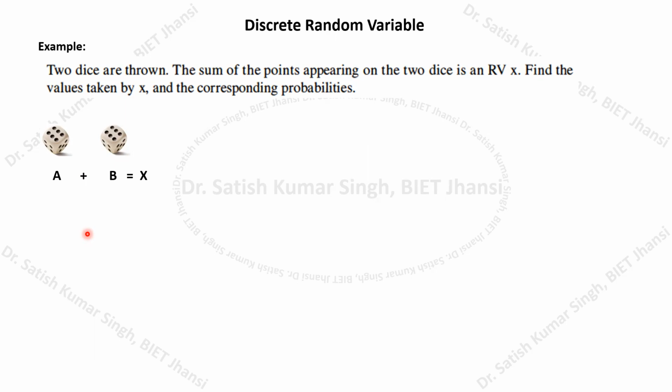So here you can understand these two random variables A and B are actually independent random variables, because these two experiments are themselves independent. Whatever number appears on the first dice will not impact the result of the second dice, right? So I can say that the outcomes A and B are independent.